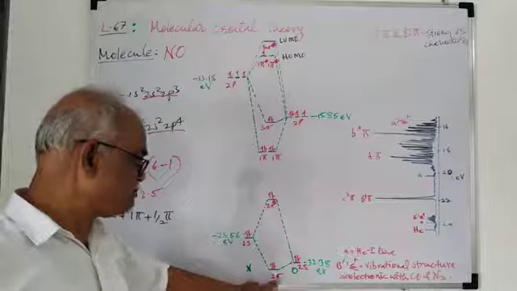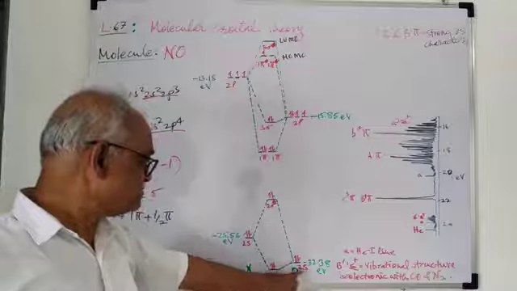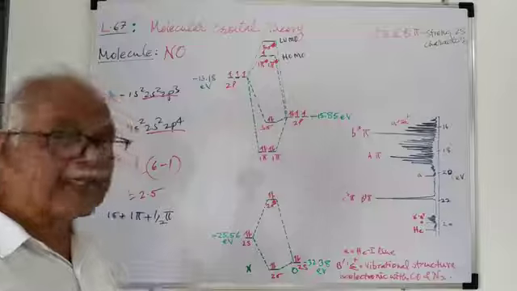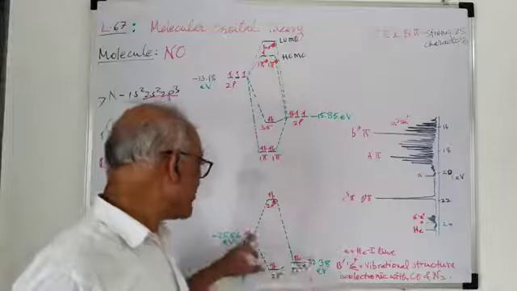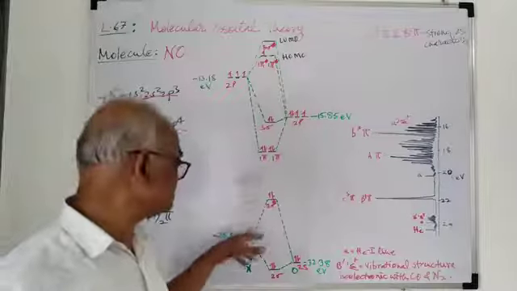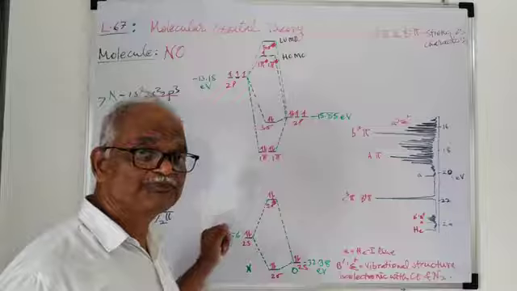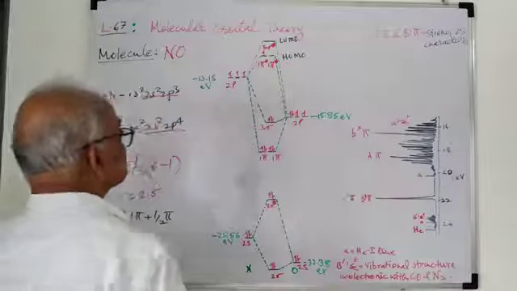This 2 sigma bonding MO has more character like the 2s of oxygen, whereas this 2 sigma star has more character like that of the 2s of nitrogen, and that is why they are lying closer to each other.